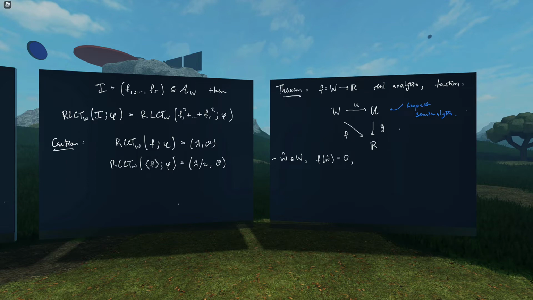And then also assume that, with U hat equal to U of W hat, the Hessian, which I'm going to write like this, the Hessian of G at U hat is positive definite.